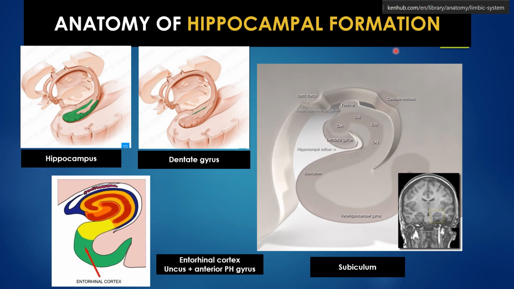Let's see how the hippocampal formation looks in the gross anatomy. The hippocampus looks more like a seahorse, or an S-shaped structure. The more anterior, inferior, and medial aspect, or the mouth of the hippocampus, is going to be the dentate gyrus. This is the dentate gyrus, green color structure.